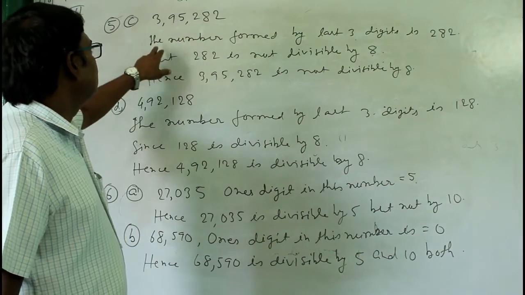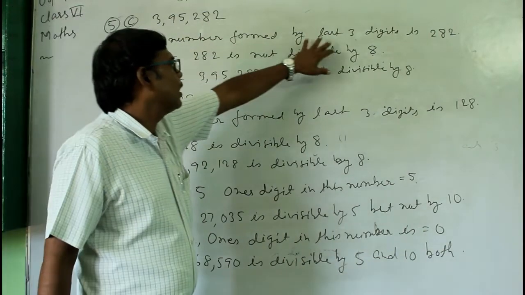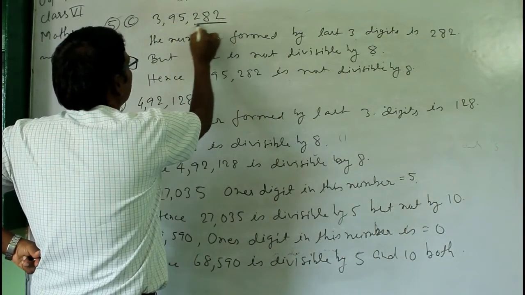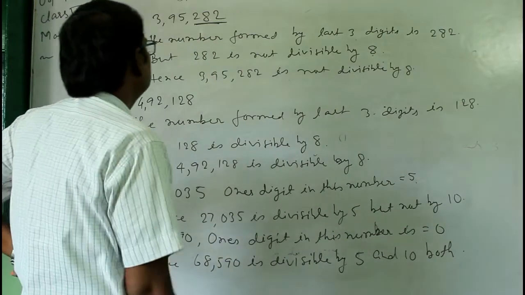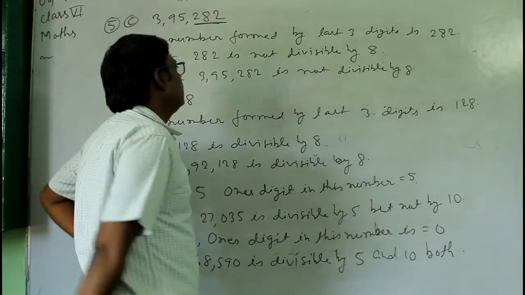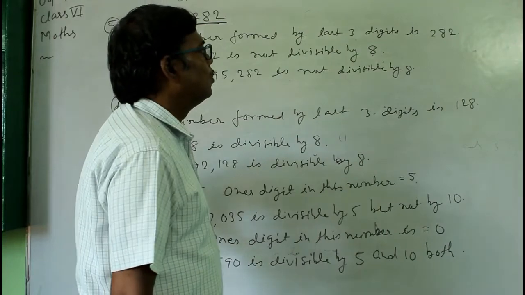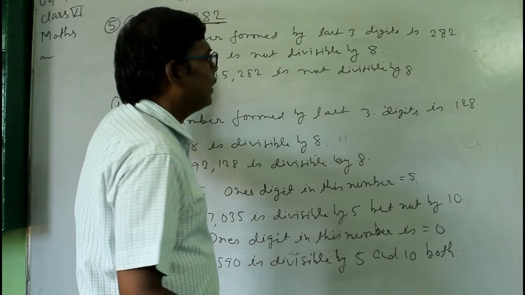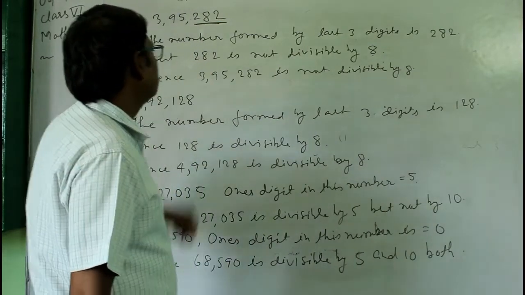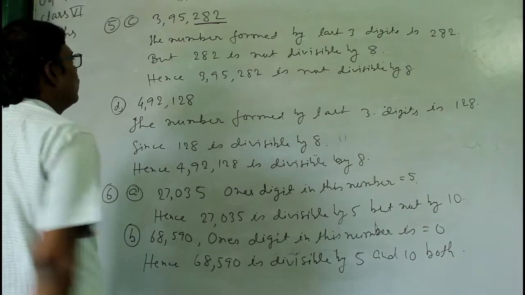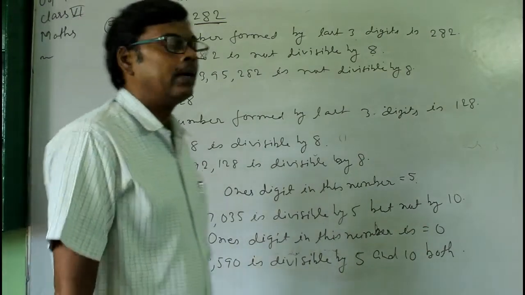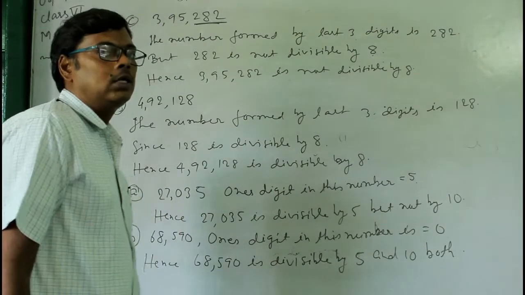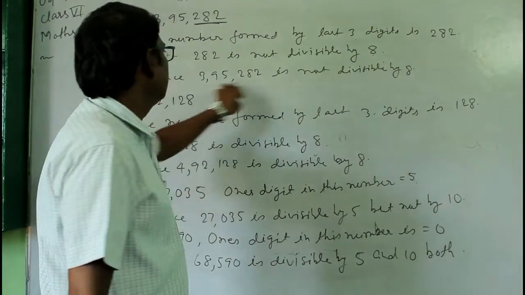Here the number formed by the last 3 digits is 282. If you divide this in rough, you will see that 282 is not divisible by 8, and therefore the given number is not divisible by 8. Okay, here is the answer.